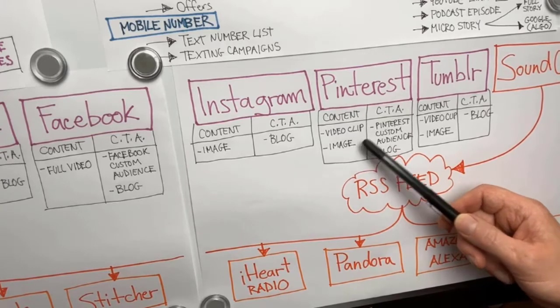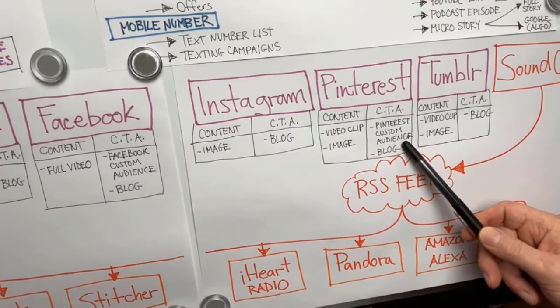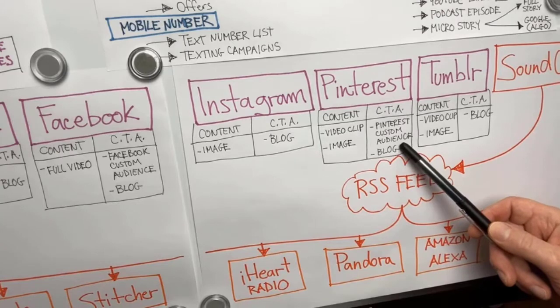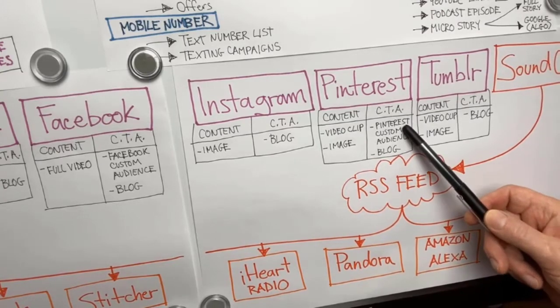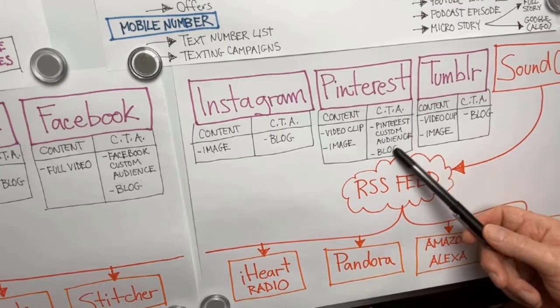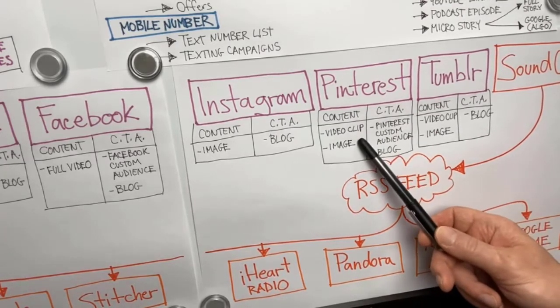And on Pinterest, exactly like with Facebook, there are 2 calls to action. There is also a piece of code in your Pinterest content that captures people in your Pinterest custom audience. And to fall into this, all they need to do on Pinterest is engage with your content.